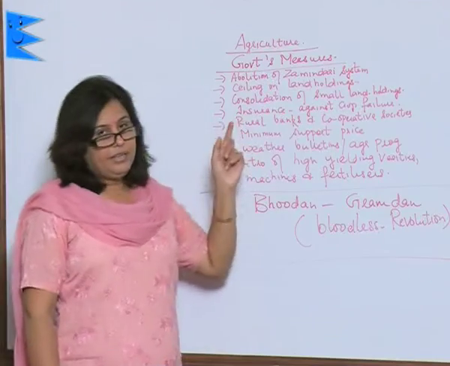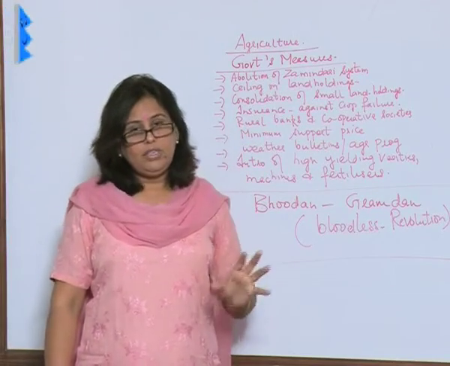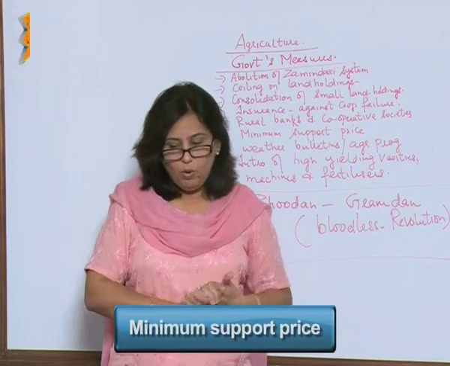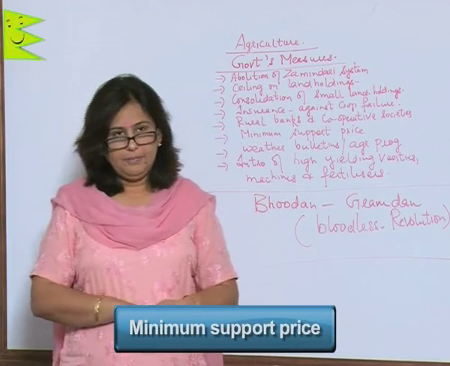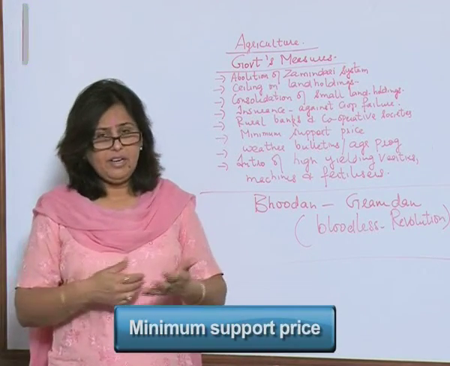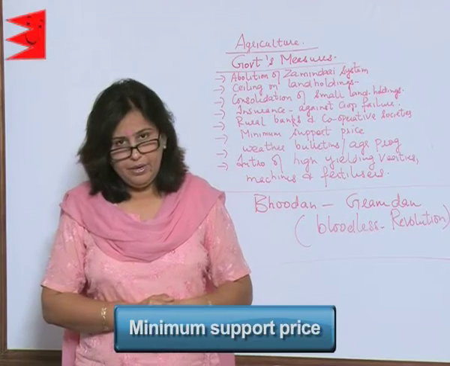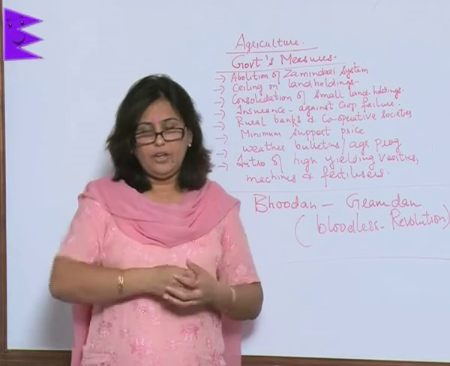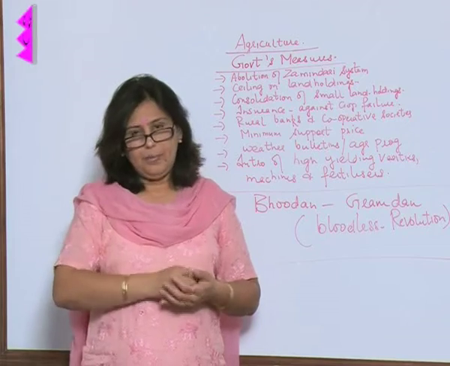Going further, the government announces a minimum price for the crop. Now, what used to happen earlier? Whenever the crops ripened, the big hoarders used to take the crop at a very meager price.